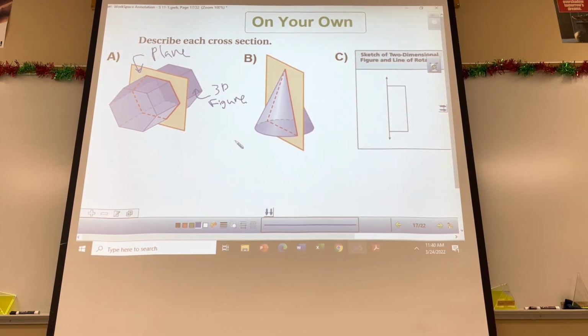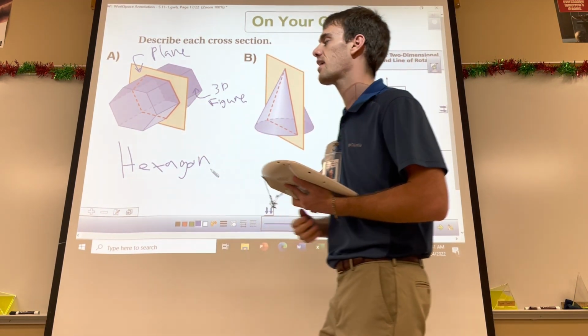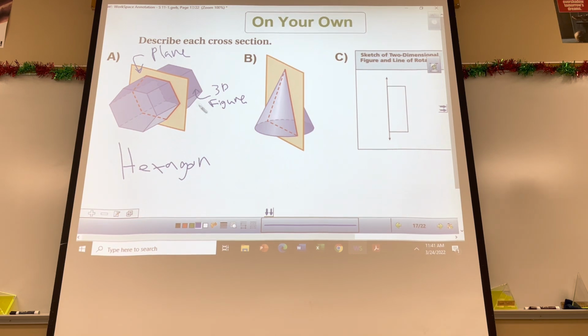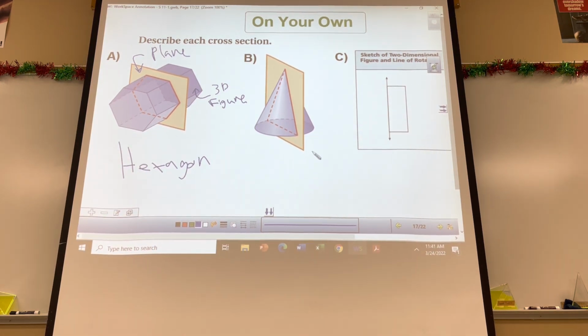Carolyn? Hexagon. Yes, it is absolutely a hexagon. We can count 1, 2, 3, 4, 5, 6 sides. It is a 6-sided figure, so it is a hexagon. Awesome job.